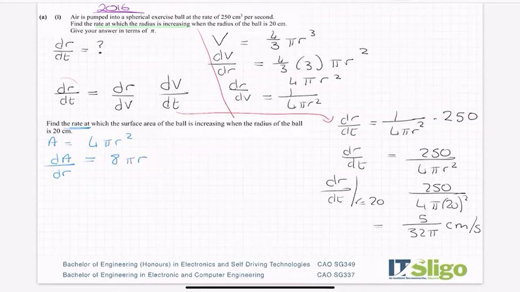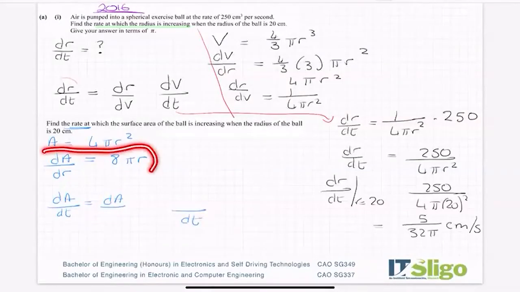Find the rate at which the surface area of the ball is increasing. So it's actually dA dt that I need, with respect to time. Okay, so I won't get it directly. So dA on the top, dt on the bottom. Have a look up here and see what we have to work with. We have a dr and we have a dr, so that's fine, it's going to slot in there.